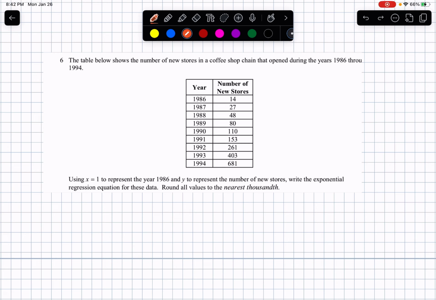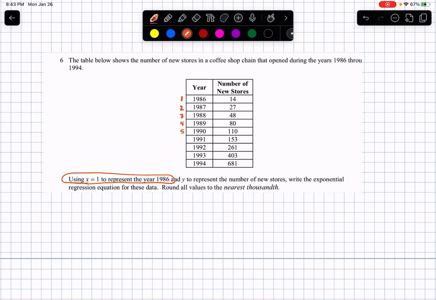So the key here for our procedure, though, is notice that they say use x equals 1 to represent the year 1986. Very often in exponential regression, our x values will be years, and we want to reset our starting point to be whatever year we are considering the start. So here they instructed us to make year 1986 be 1.